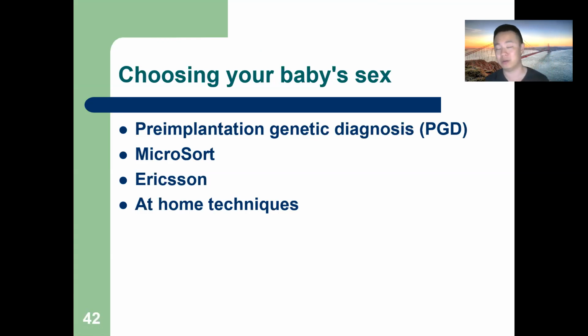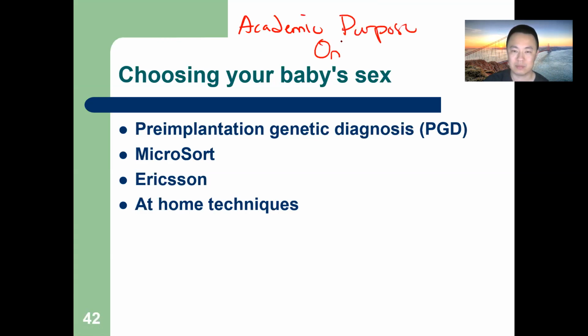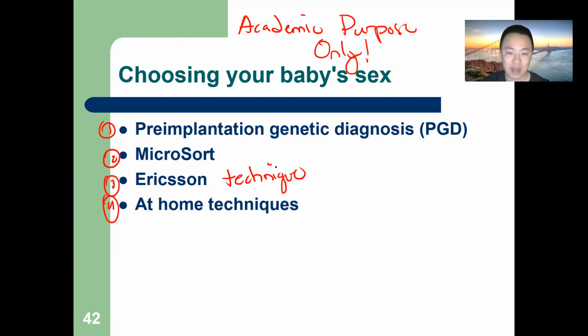But whatever we learn here is for academic purposes only. All right, so here are the 4 strategies that I will talk about here. We've got the PGD, or pre-implantation genetic diagnosis, microsort, not Microsoft, the Erickson technique, and we have some at-home techniques that people are talking about.